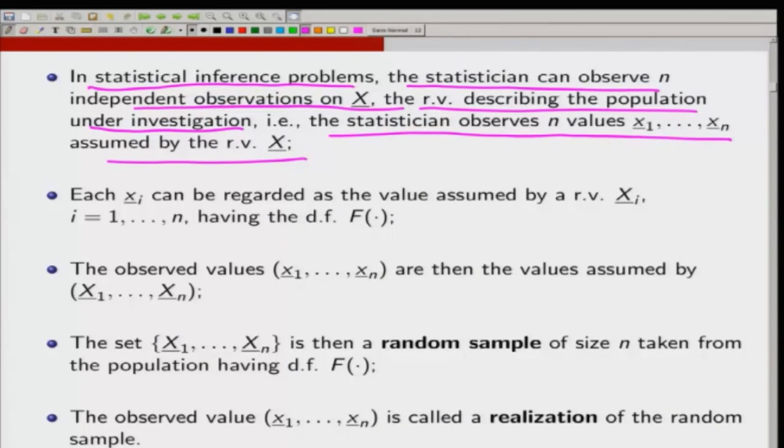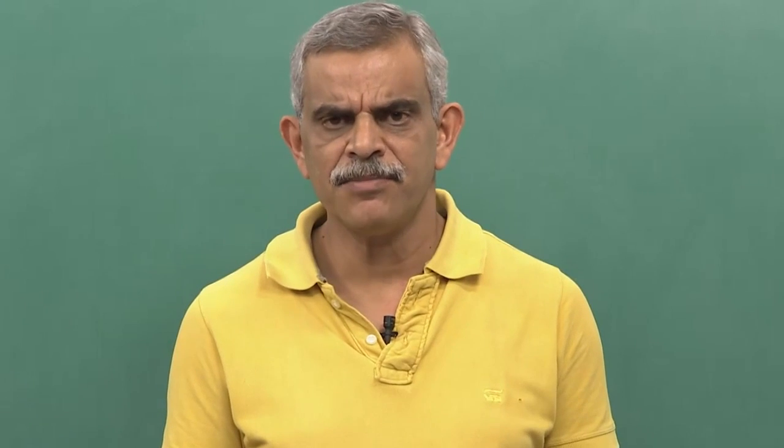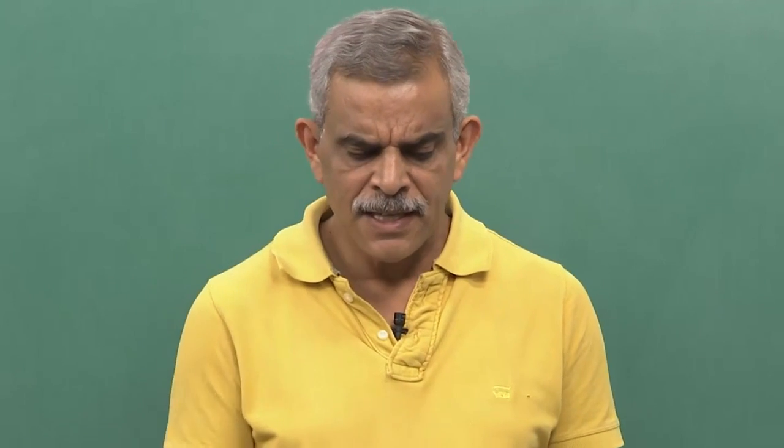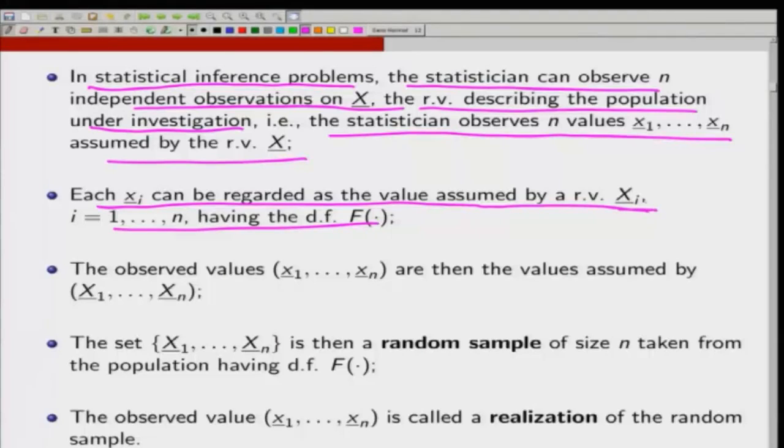So this would be in the form of a sample. Each xi can be regarded as the value assumed by a random variable capital Xi, because once you are taking an observation from the population, that observation is random depending on which observation has been chosen. So in a sense, it is an observed value of a random variable, capital Xi.